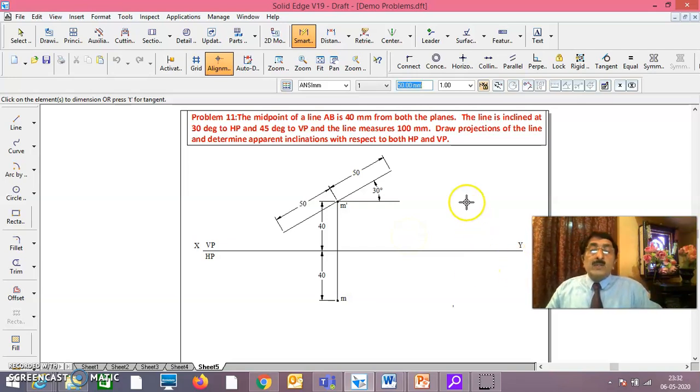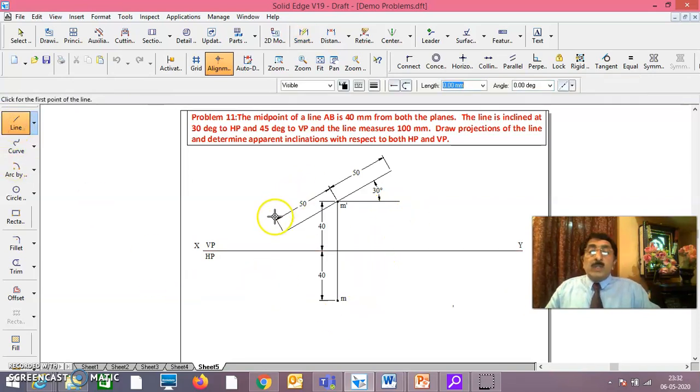Now as you are aware, this is the line inclined at 30 degrees to HP and measures 100 mm. Once you know this, you know very well that if it is the true length of the line, the corresponding other view should be parallel to XY line.